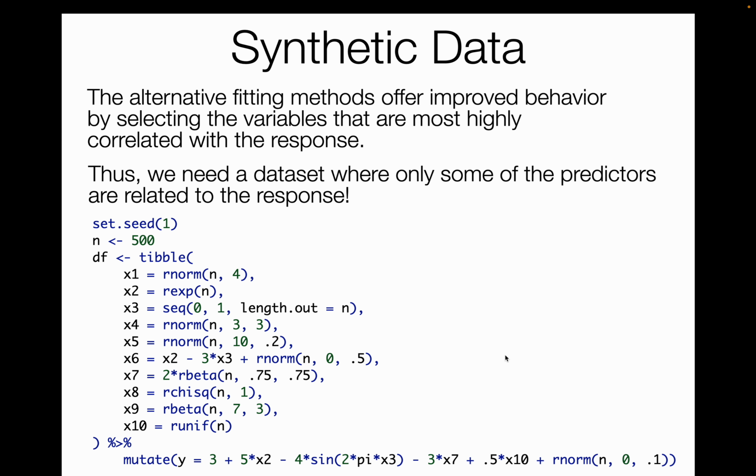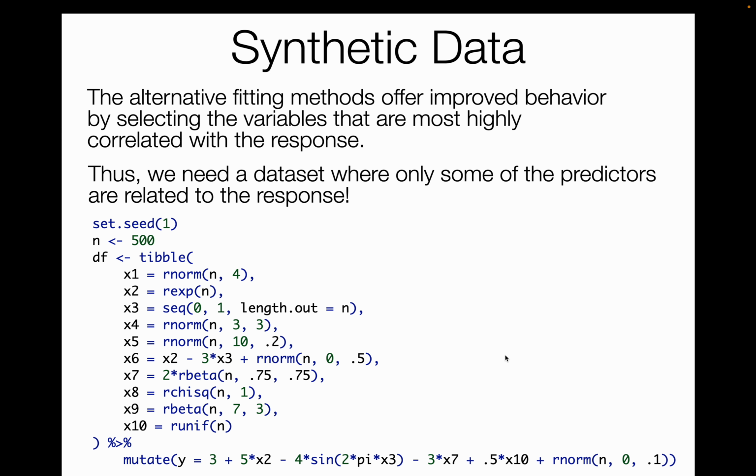I just made these random because I was sort of bored, and I made them so that some of them had more influence than the others, and they all necessarily aren't linear. Like if you look at x3, there's a sine of some multiple of pi there, and so it's sort of circular in some way how x3 is behaving.